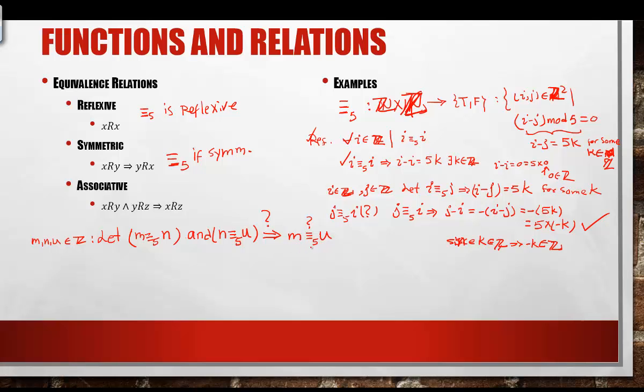So all we need to do is prove that m minus u is some 5k, or something, right? It's a multiple of 5. So we start from the left hand side. We know that m is in relation with n, which according to the definition of my relation, means m minus n is some 5k sub 1.